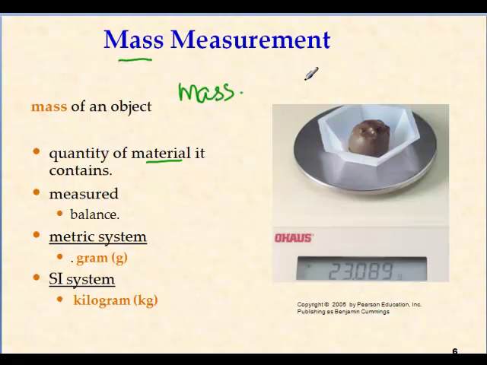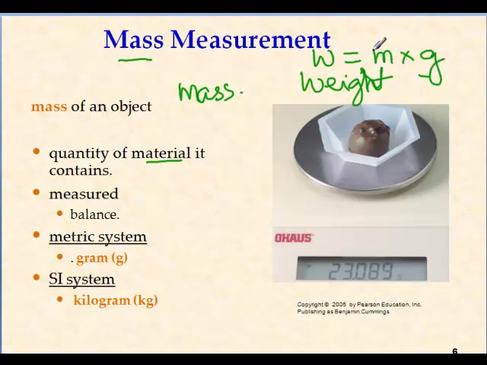However, your weight on the moon would be 1/6 of the weight. The reason is weight is defined in physics as mass times gravity, and mass is just the material that you have. Since weight is based on the gravity, and the gravity on the moon is less, that decreases your weight. However, your mass would be the same.